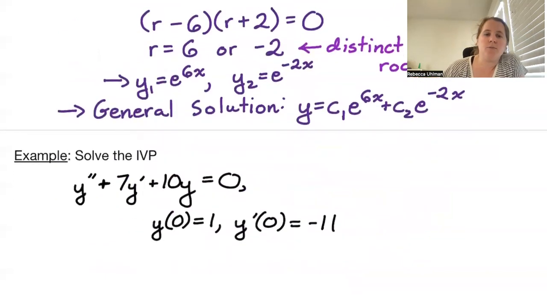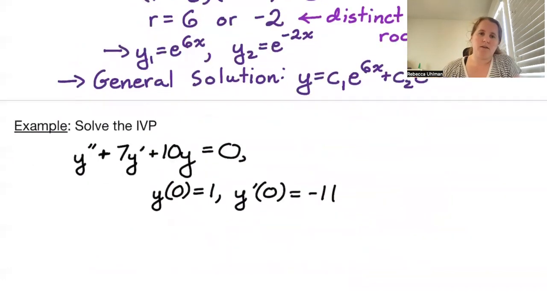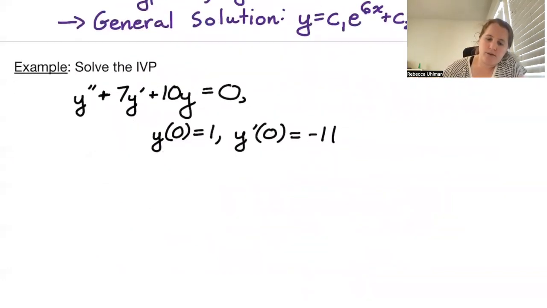For another example, let's go ahead and solve the IVP. y double prime plus 7y prime plus 10y equals 0, with y of 0 equals 1 and y prime of 0 equals -11. So again, we need our characteristic equation first.